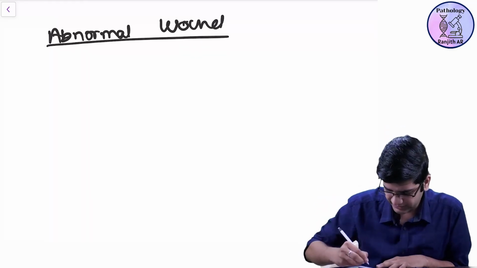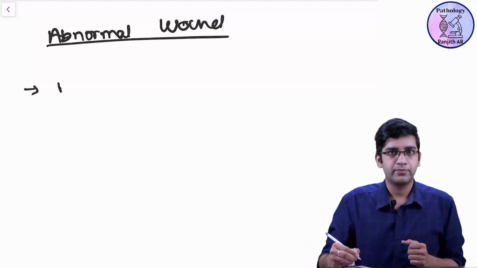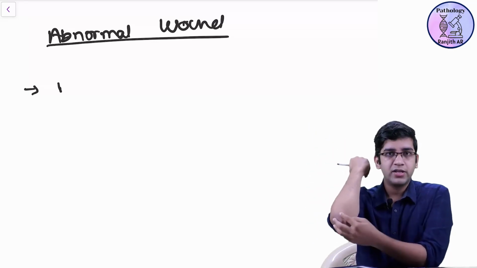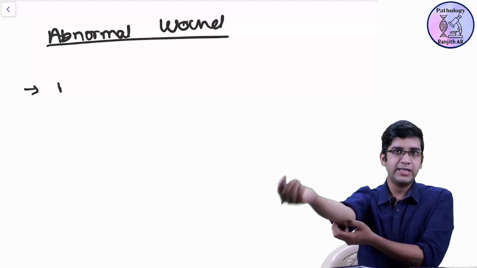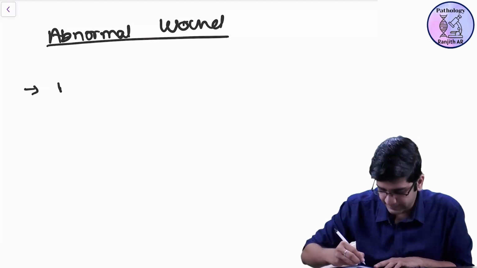I can have many different things, for example, a defect in movement. When I have an injury around the elbow or any joint, it'll move. When it keeps on moving like this, is it right to say that wound healing will be disturbed? Definitely.